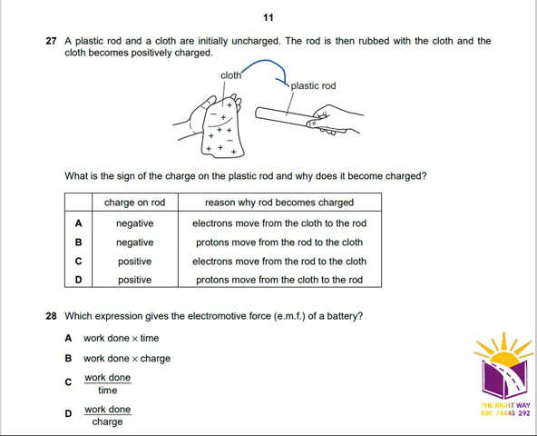So electrons move to this side, and it will become negatively charged. So our rod will become negative, and electrons move from the cloth to the rod. So A is the right option.